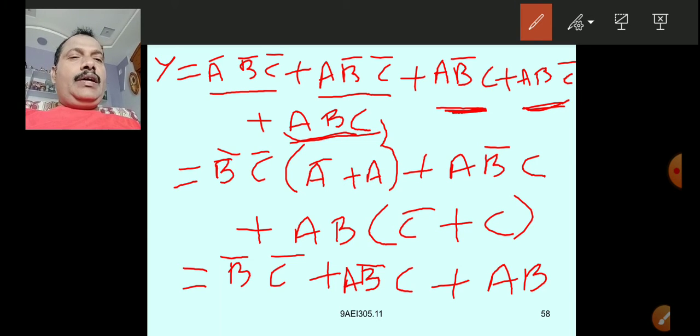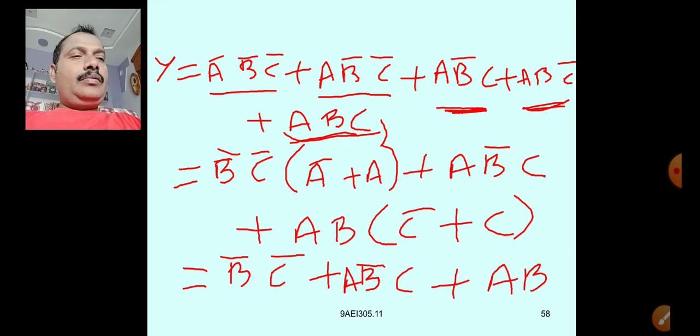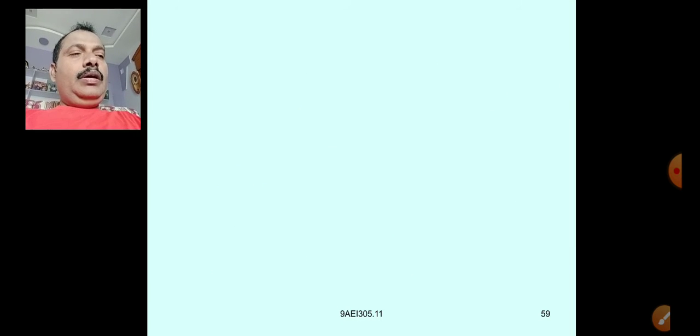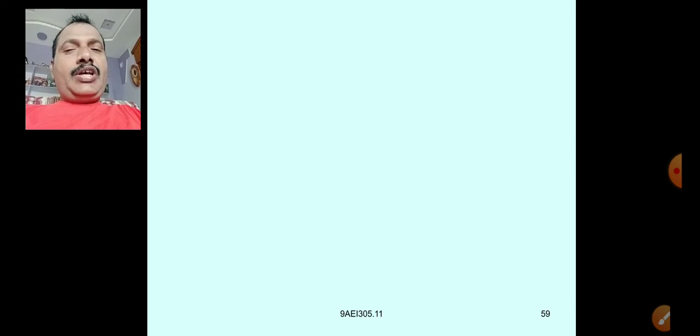So this is the second step. Next, let us further simplify it by observing b bar c bar plus A b bar c plus AB.